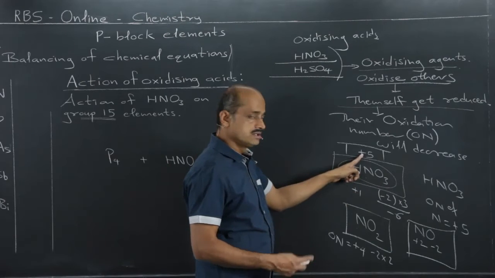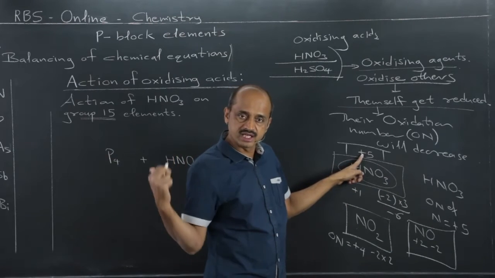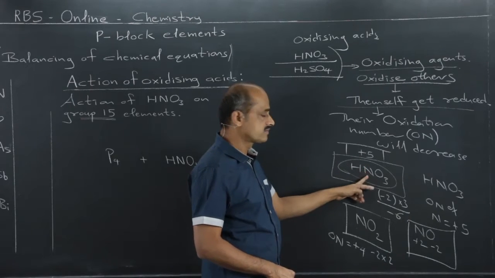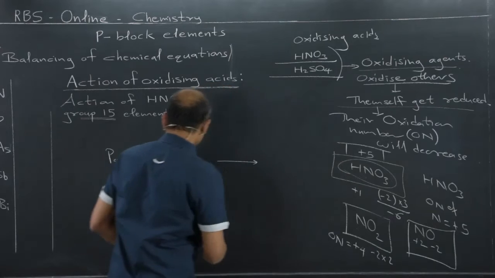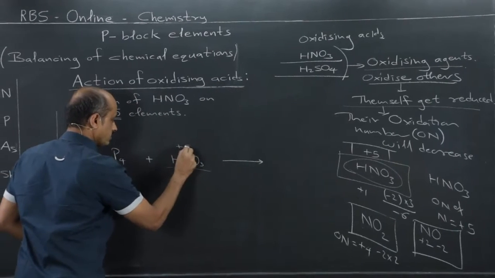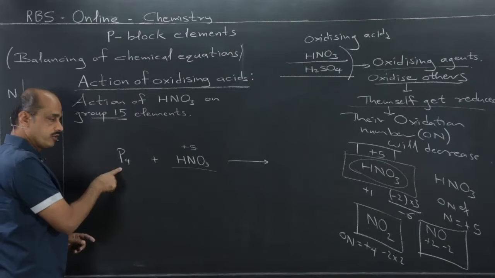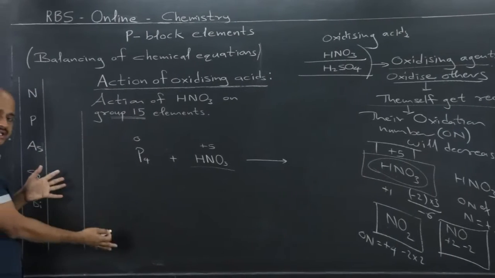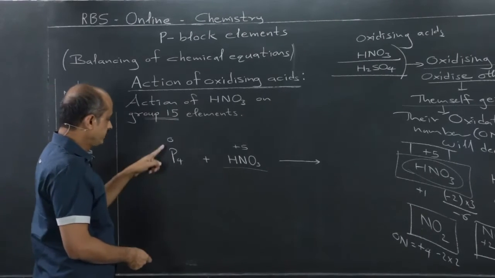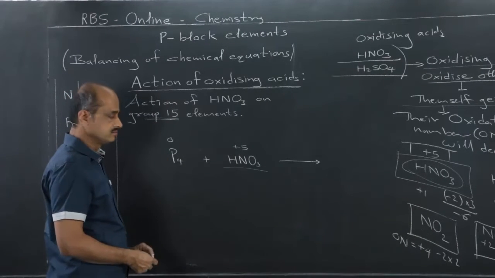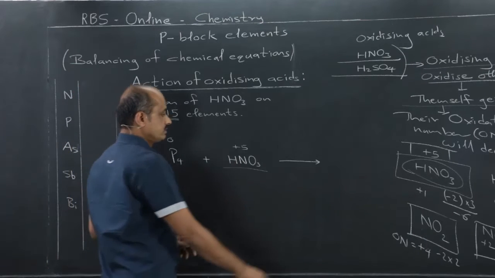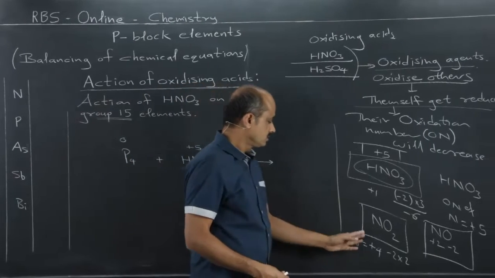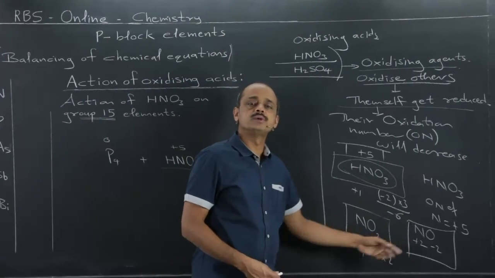In the reaction of any element of group 15 with nitric acid, plus 5 nitrogen on the reactant side, with the element in elemental form, phosphorus, or instead arsenic or antimony. Whichever example of group 15 is taken, plus 5 nitrogen on the product side will get converted into either plus 4 or plus 2 depending on the conditions.